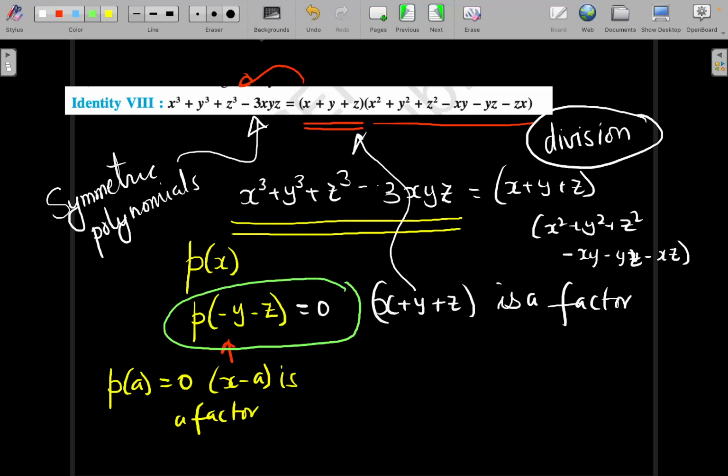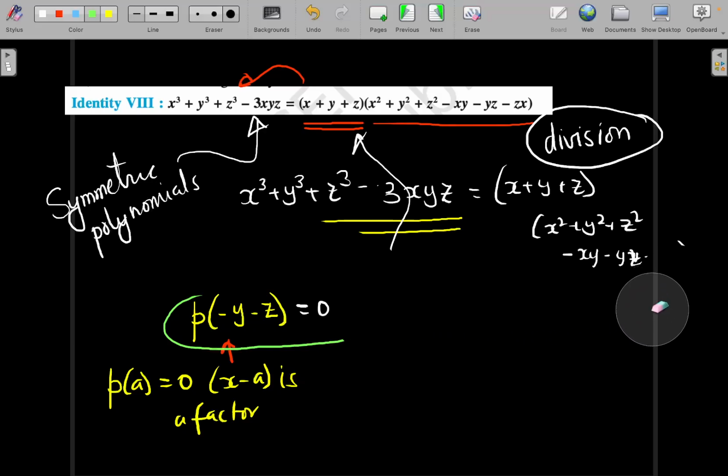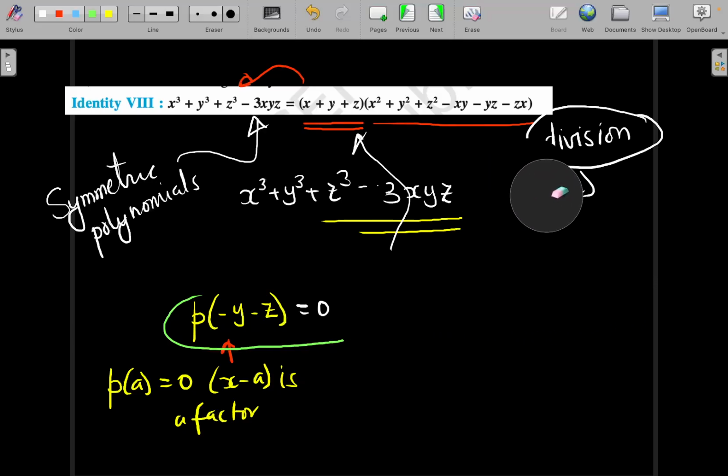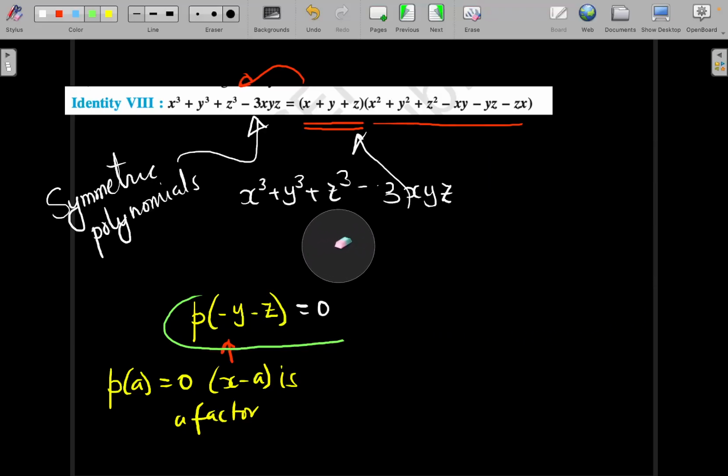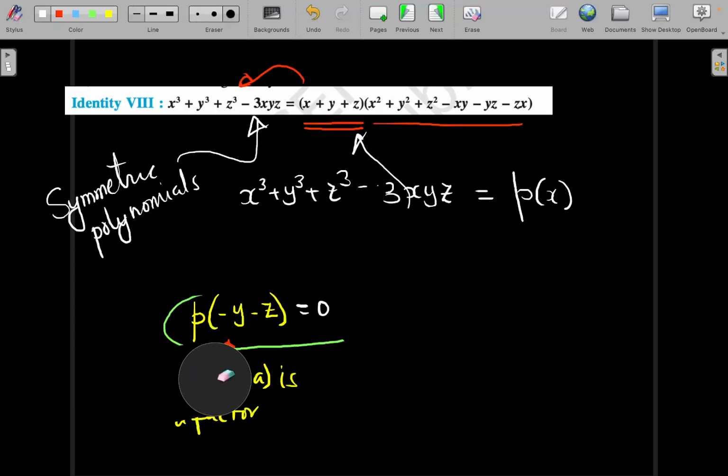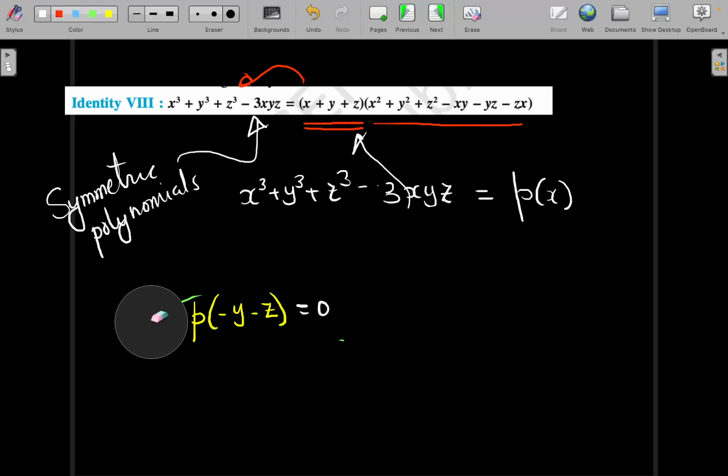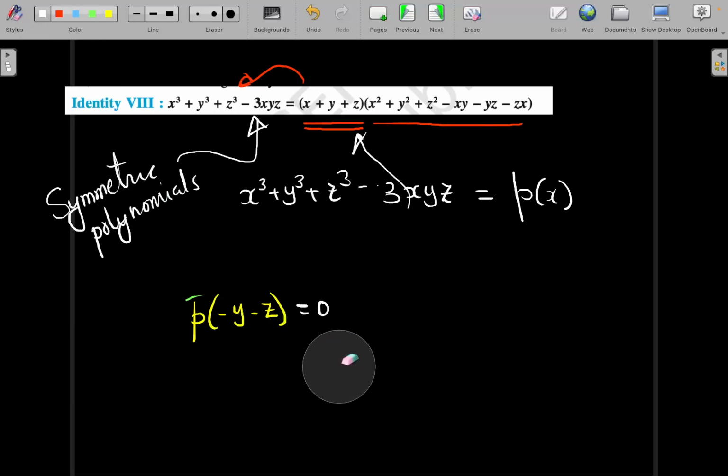So what I'm going to do now is just evaluate this, by considering this as a polynomial in x. I'm going to calculate p of minus z minus y, and try to convince you that this is 0.